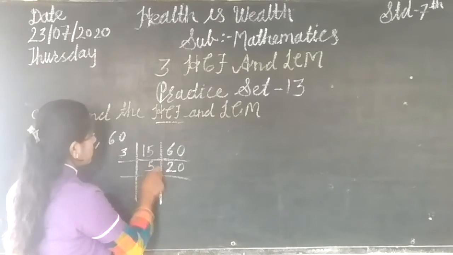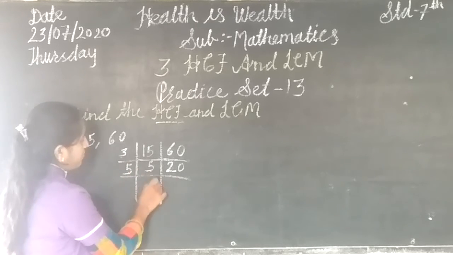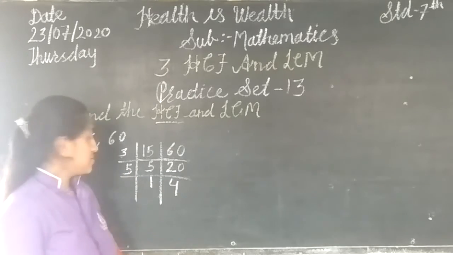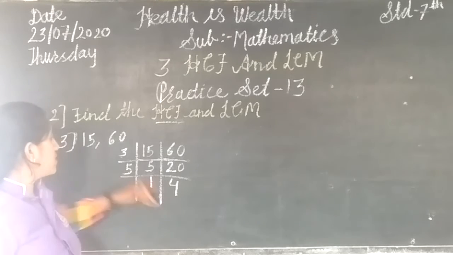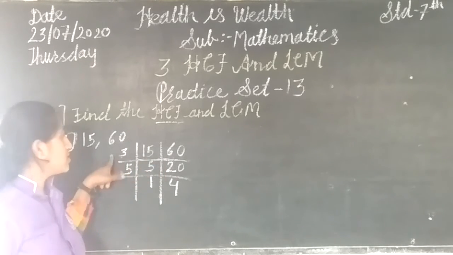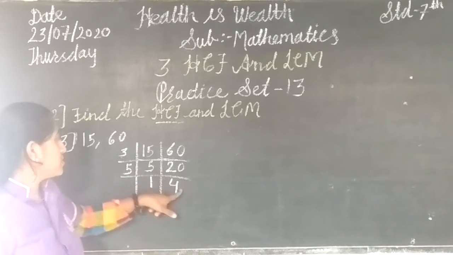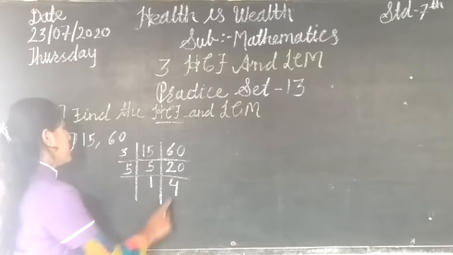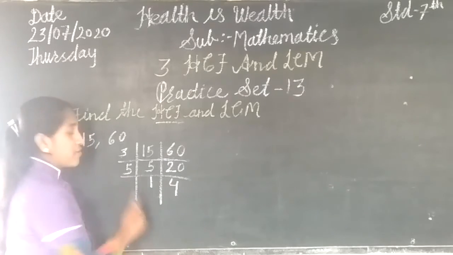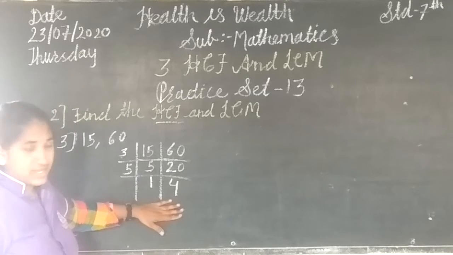Then again there is a common number, which number can we take? 5. 5 1s are 5, 5 4s are 20. So you get 1 here and 4 here. You can divide these again by 2 also, or we can keep them as they are.